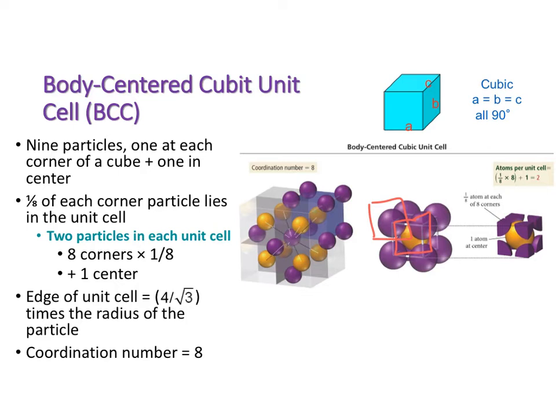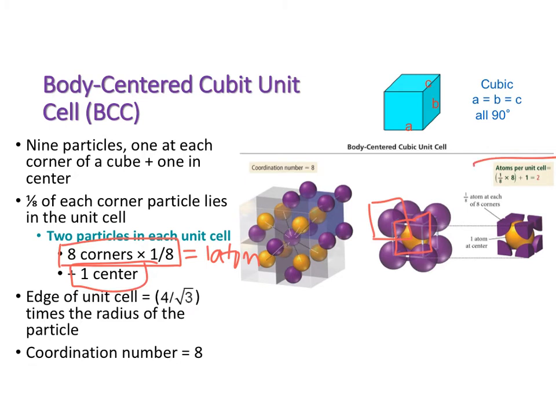Now, how many total atoms do we have being composed of these different corners? So we have those 8 corners times that 1/8 that each of them has in the unit cell. So total, that's 1 atom right there, plus the 1 in the center.